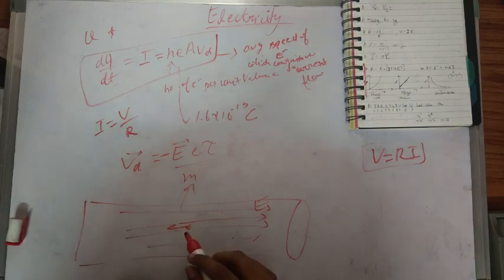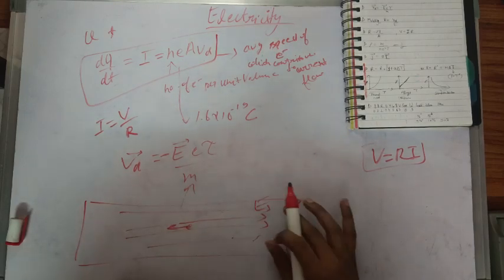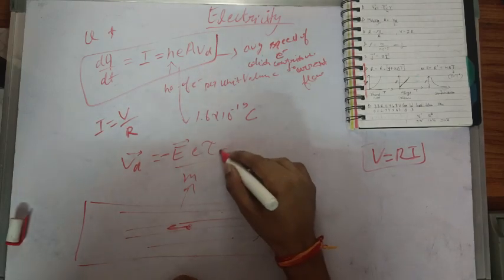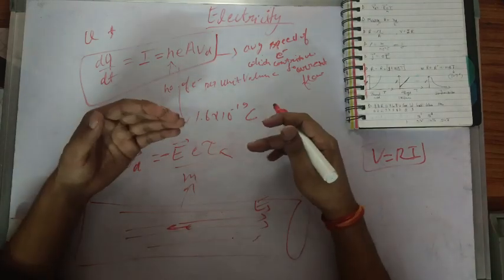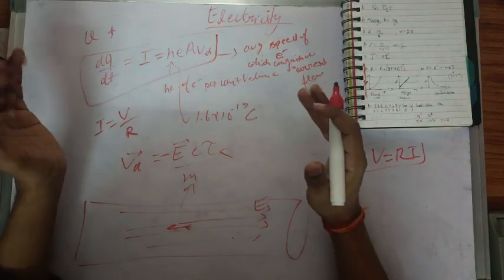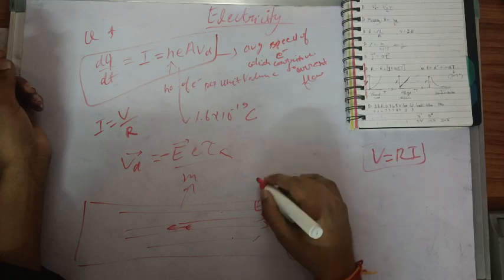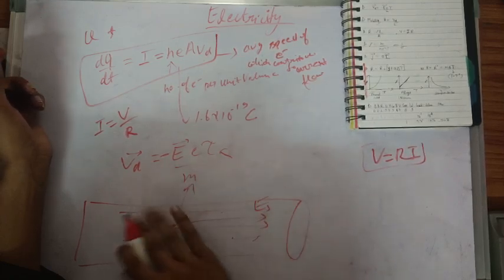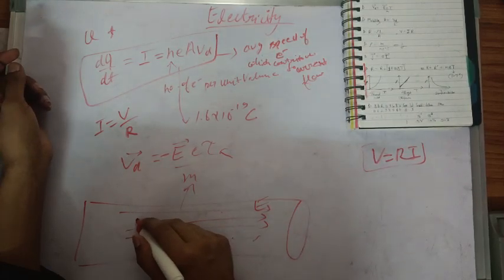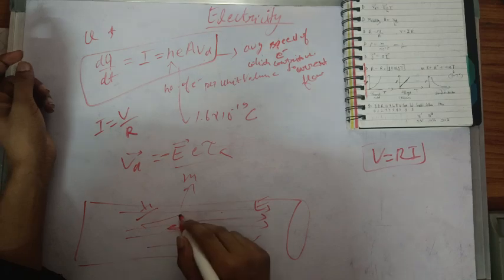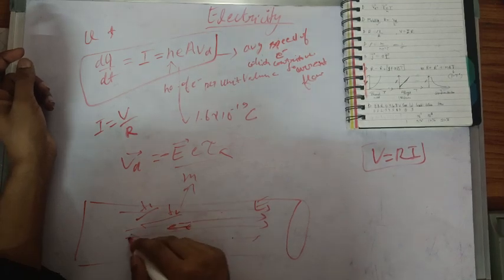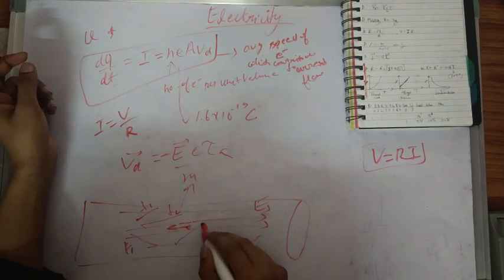The electrons will start moving in the opposite direction with the drift velocity Vd, and this is the average velocity, E is the electric field present in the conductor, and tau is the average time between two collisions. There are, let's say, many electrons present in this medium. Some will collide after t1 time, some after t2 time, some after t3 or t4.